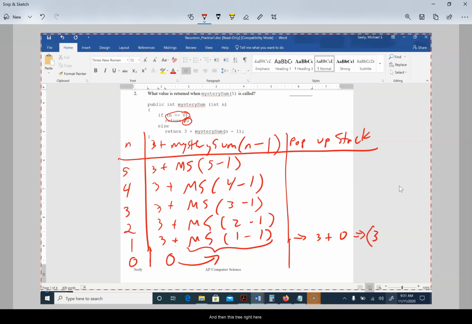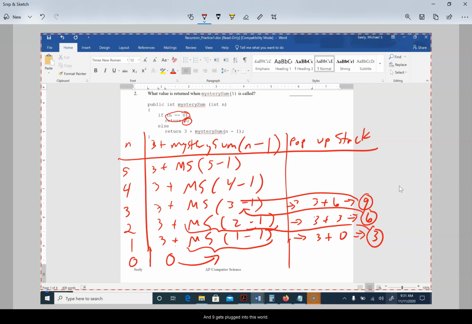And then this 3 right here gets plugged into this one right here. So then we've got 3 plus 3, and that equals 6. And then 6 gets plugged into here. So then we have 3 plus 6 is 9, and 9 gets plugged into this one.